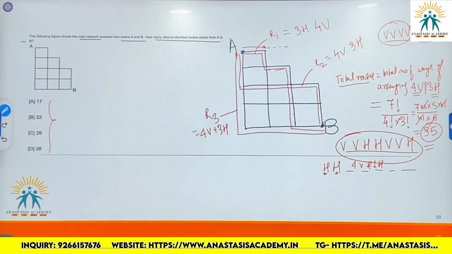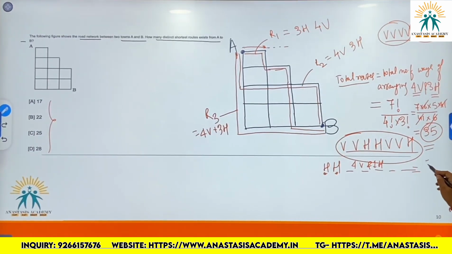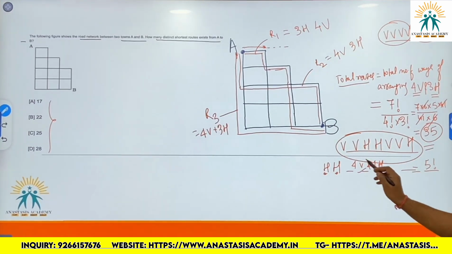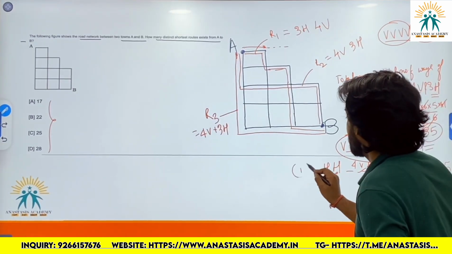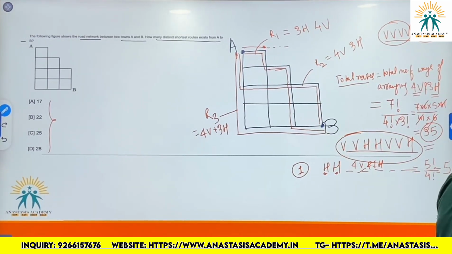The arrangements of this type would be 5 factorial, since 5 objects need to be arranged in which 4 are of the same type, so upon 4 factorial. So the total number of such routes would be 5. These 5 routes need to be subtracted. These are one type of routes that do not exist.